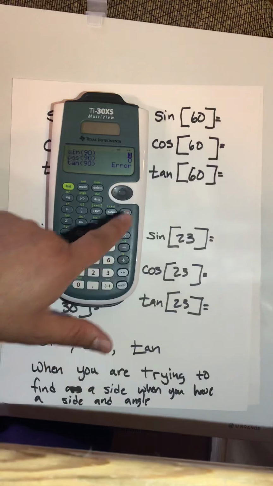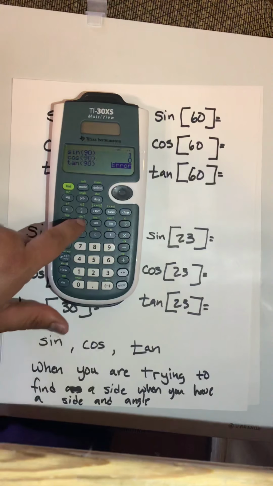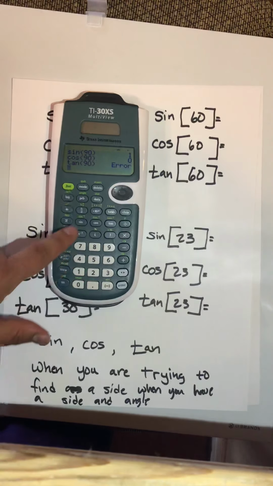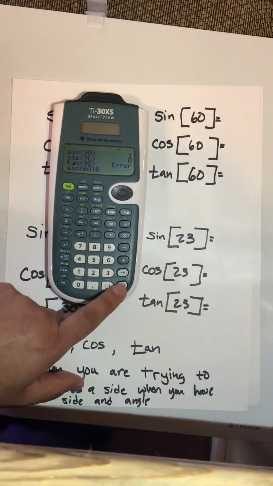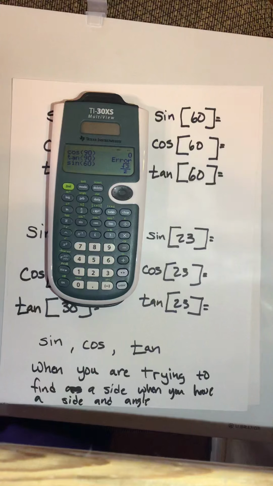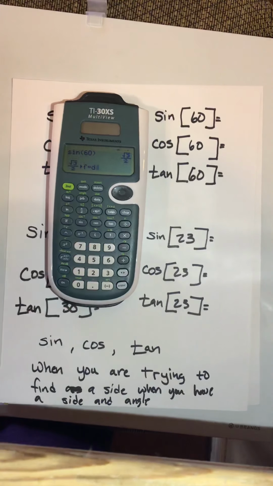So let's go to the next one right quick. Let's do the sine of 60 degrees. That gives me square root of 3 divided by 2. If I change that from a fraction to a decimal, I get a value of 0.866.